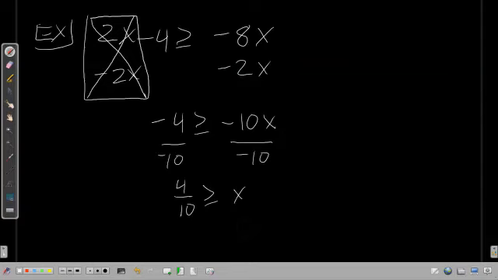But this is cumbersome to read because the variable is on the right. So put it on the left and make the symbol point the same direction. And then 4/10 was really 2/5. Then you can draw your picture. And here's your 2/5.